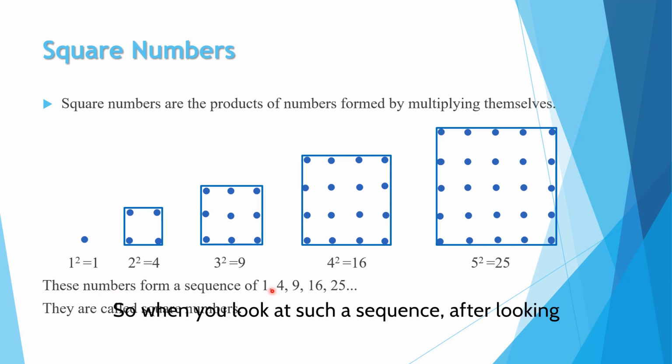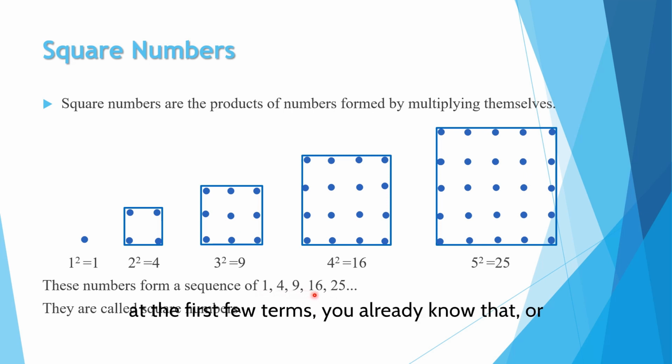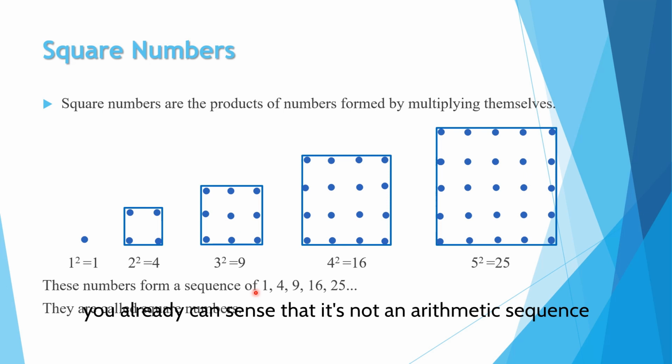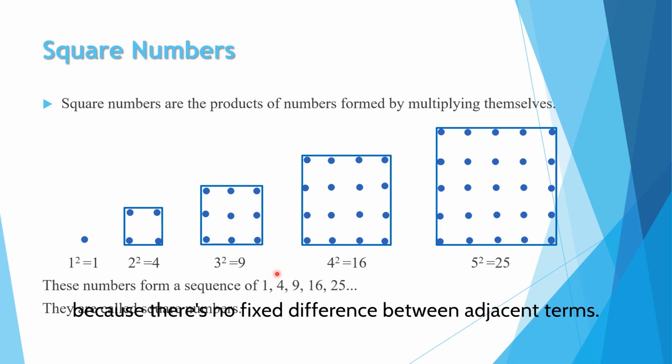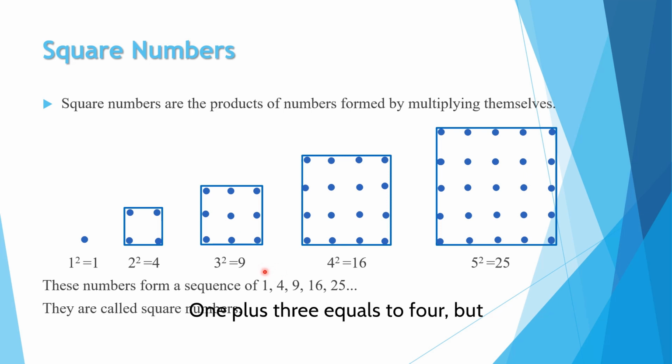So when you look at such a sequence, after looking at the first few terms, you already can sense that it's not an arithmetic sequence, because there is no fixed difference between adjacent terms. 1 plus 3 equals 4, but then 4 plus 5 equals 9. So it's in no way an arithmetic sequence.